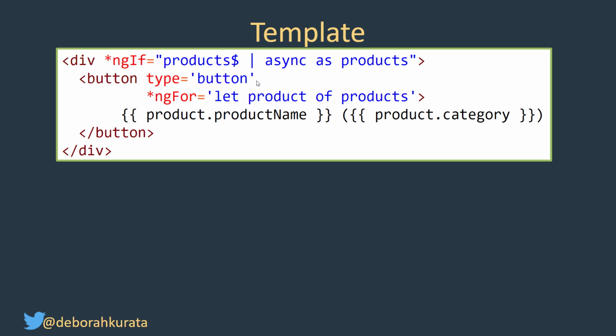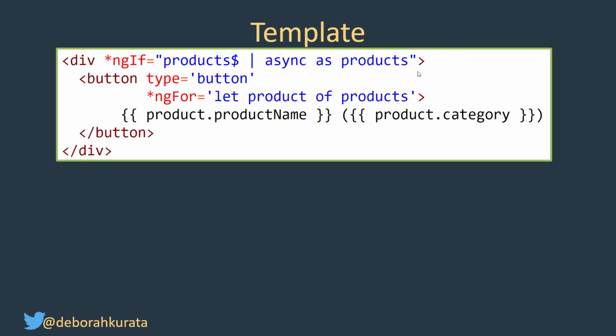So what we're doing is we're going to bind to our observable. So it's got the products$ pipe async. And what the async will do is automatically subscribe for us and unsubscribe for us. So we don't have to have that in our code, yay.